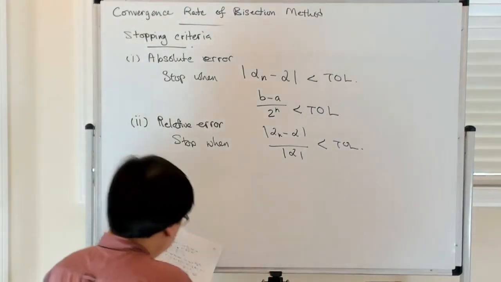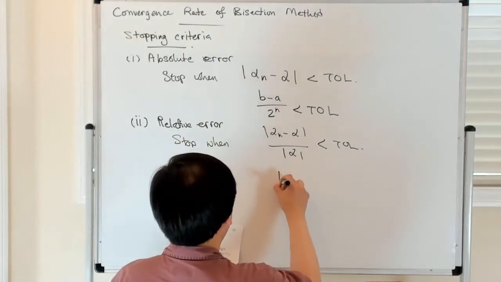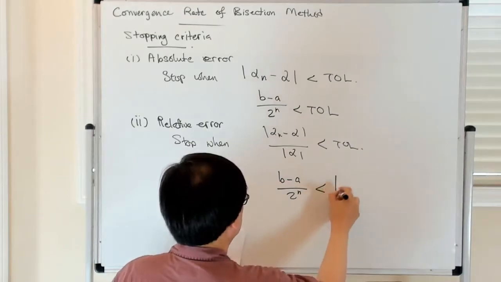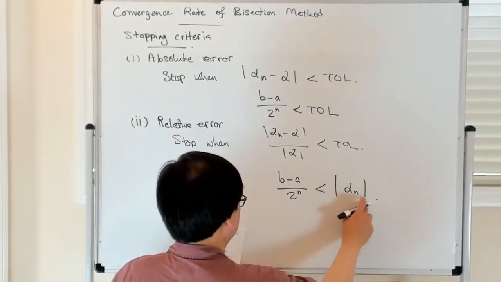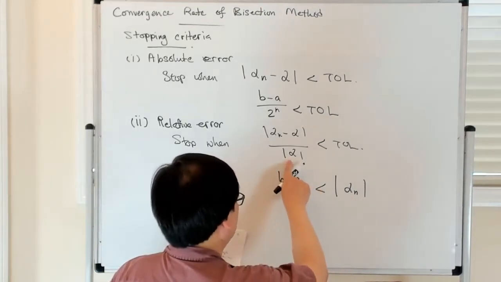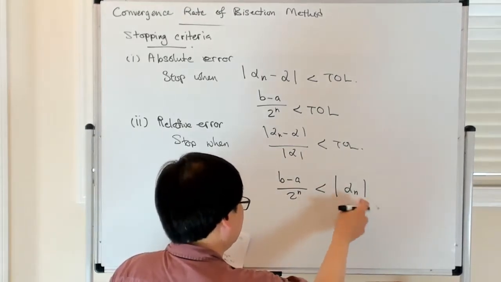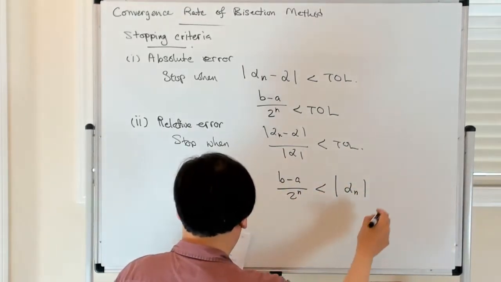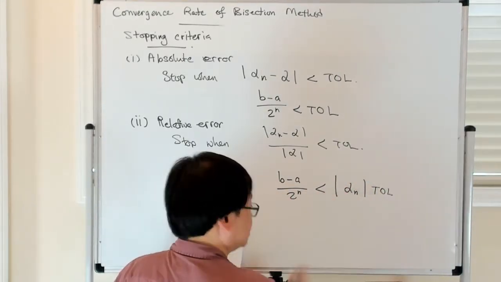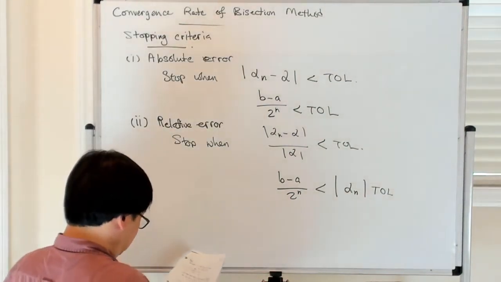Okay, and you could write this in the following way: (b minus a) over 2 to the n less than the absolute value of the nth iterate, right? You don't know what alpha is, so in order to make it computable, I'm going to replace alpha by alpha n, and that's usually a fairly reasonable approximation. So I could have a stopping criterion based on this condition, and this would give you something which approximates the relative error.